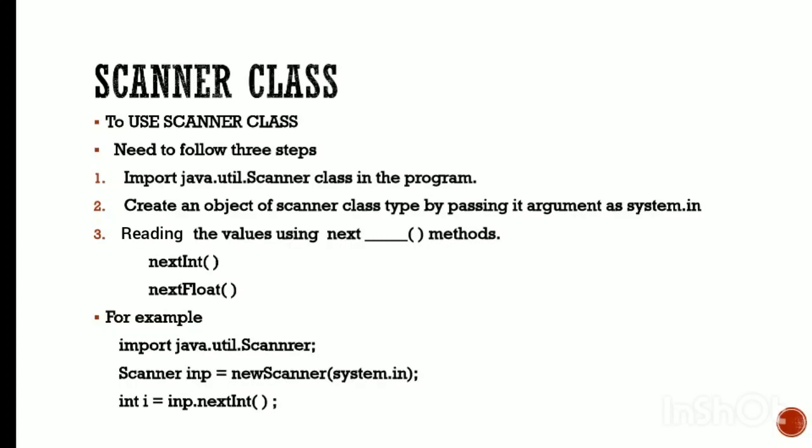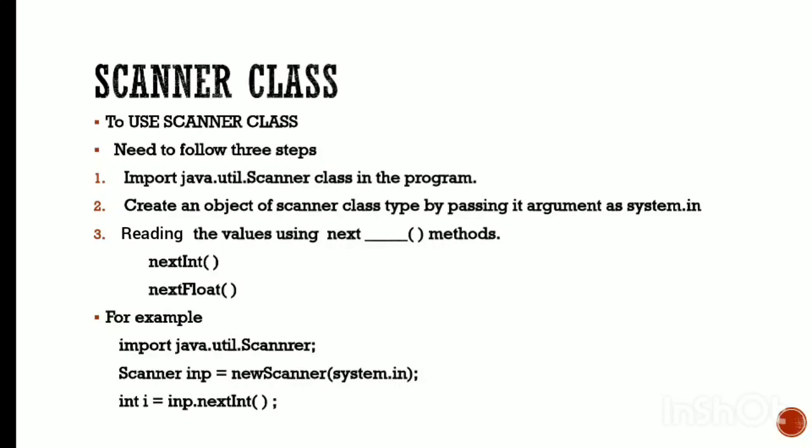In the example I have mentioned all the 3 steps, where and how you use the Scanner class. First line is import java.util.Scanner. Second is Scanner input is equal to new Scanner(System.in).